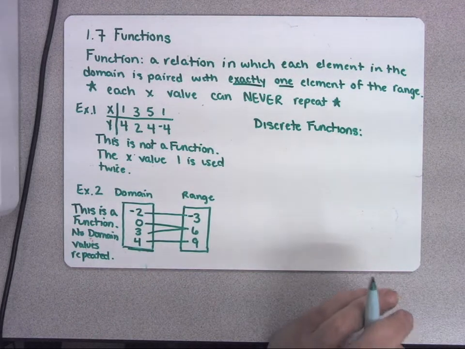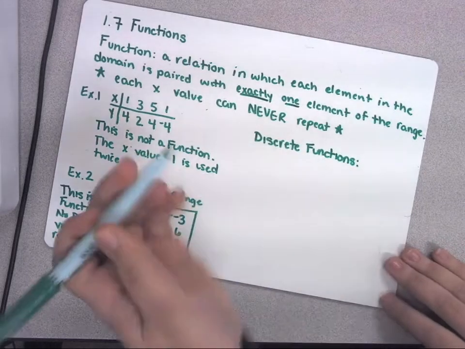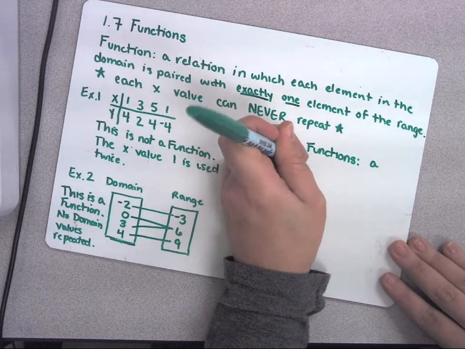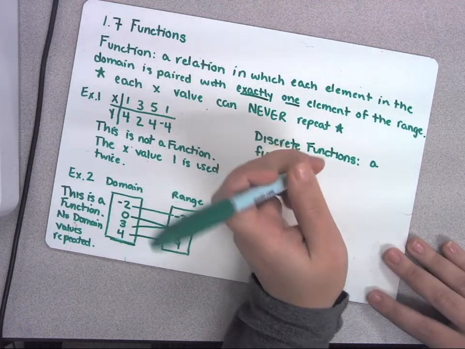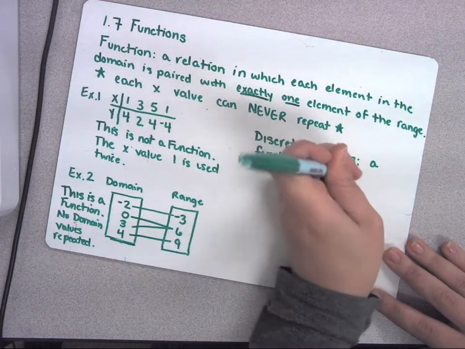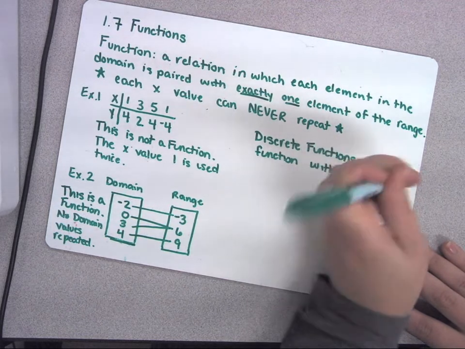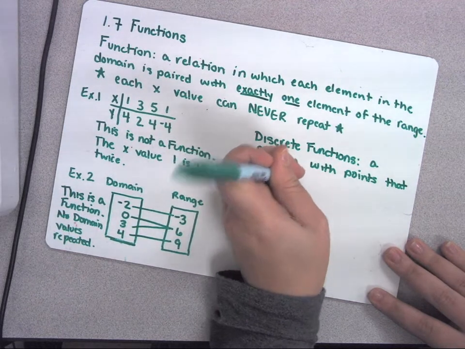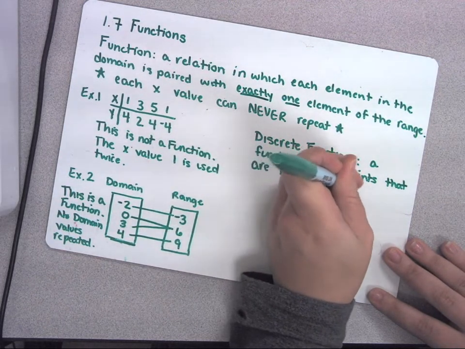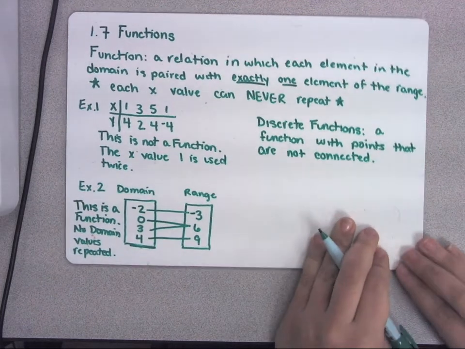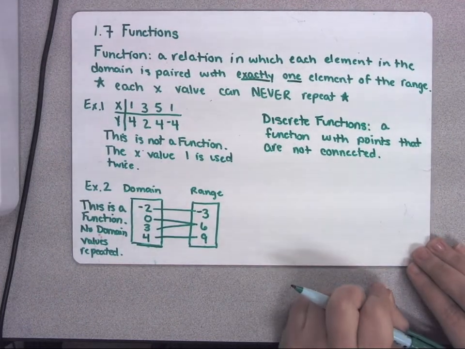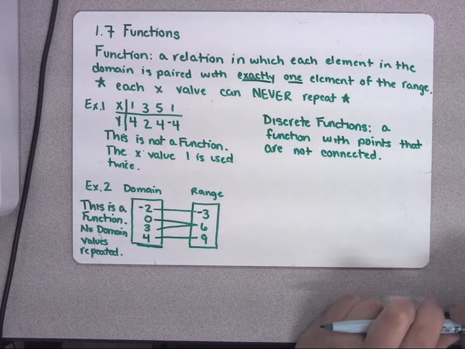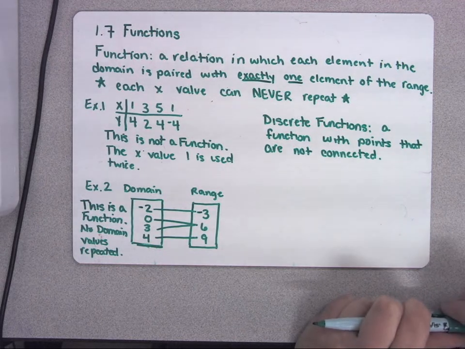So a discrete function is a function, obviously, based on its name, with points that are not connected. Like everything you did yesterday. Graphs with just points all over them, right? Like a scatter plot, right? Remember scatter plots with just a bunch of points over them? There's no lines, just points.